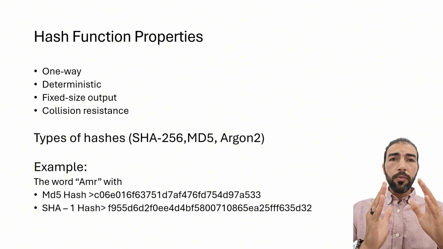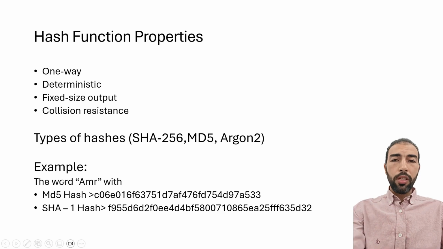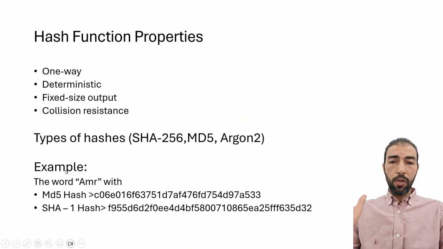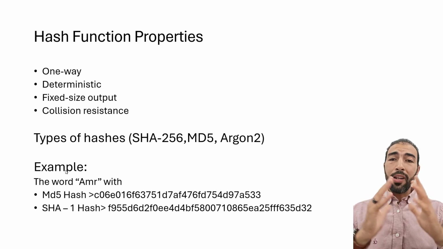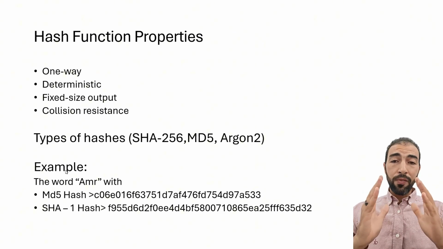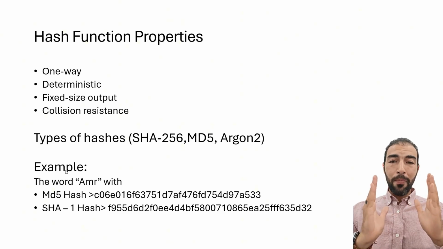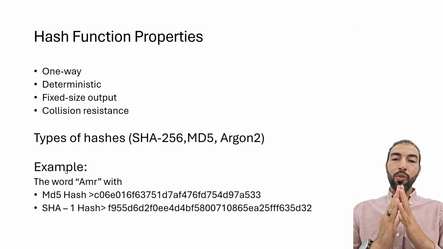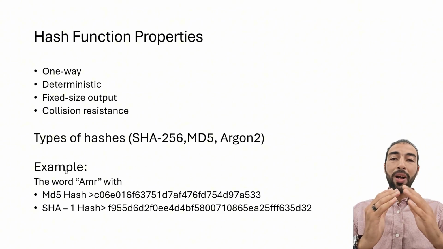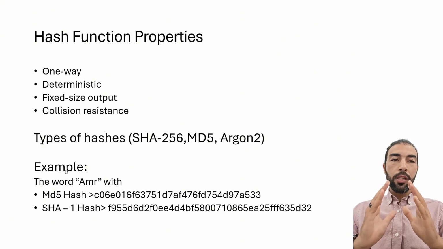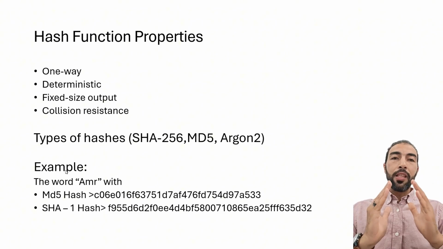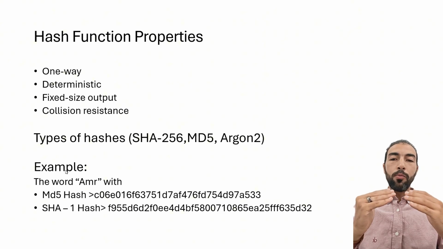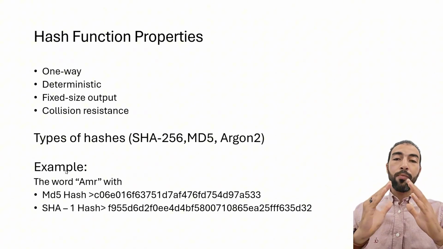As you see here at the end of the page, I wrote AMR with 2 types of hashes and it gives me this amount of data. If I write AMR or write my whole life story, it will give me this same amount of data. It's not about 3 or 4 or hundreds of terabytes I'm putting in. It's giving me only this amount of bytes, which I can shrink, and this gives me a huge space when I'm using data. So hash functions have properties.